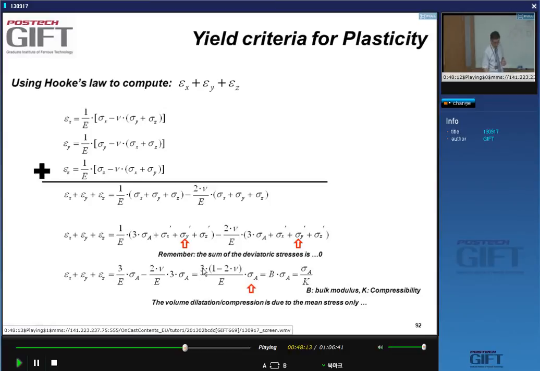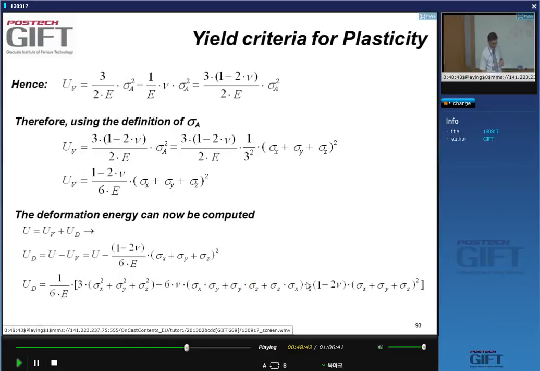And of course the value of the elastic constant: it's 3 times (1 minus 2 times the Poisson ratio) divided by E, times sigma a, the hydrostatic component of the stress state. And you can see that this here is nothing but the bulk modulus, or 1 over the compressibility.